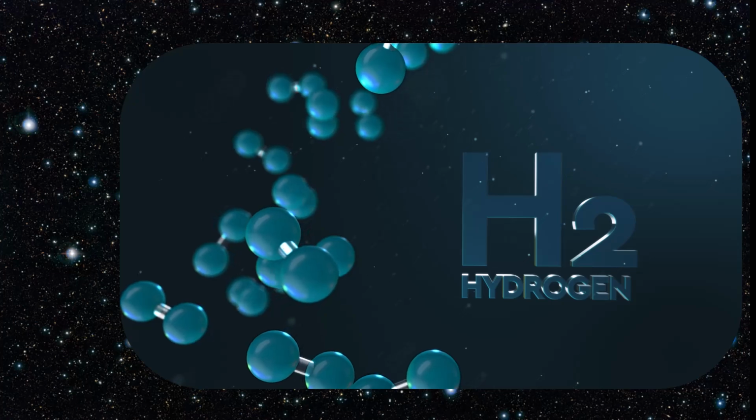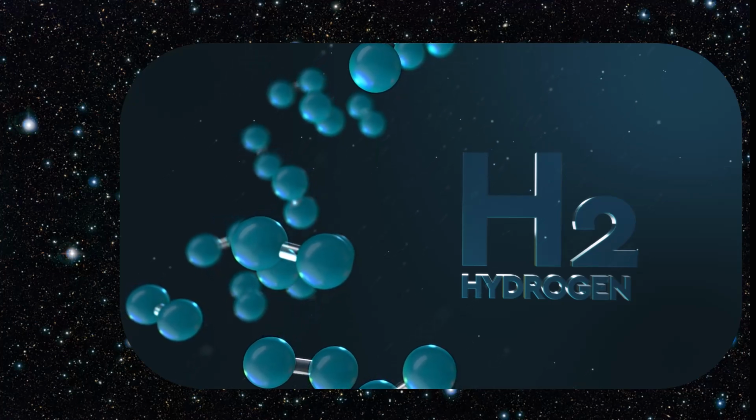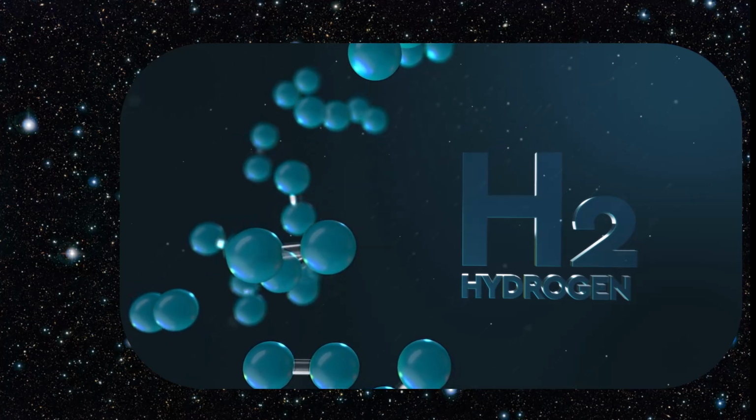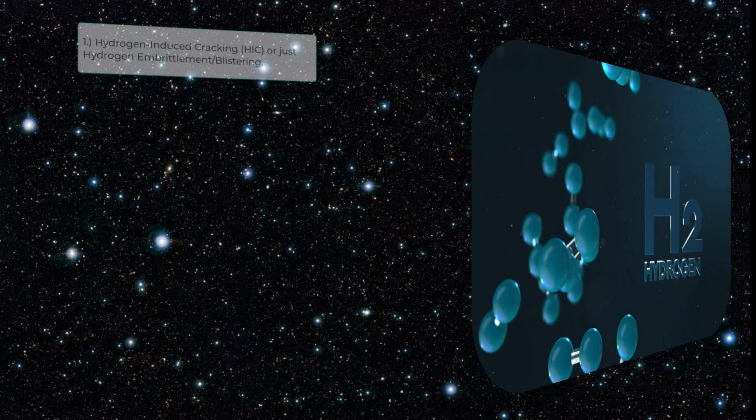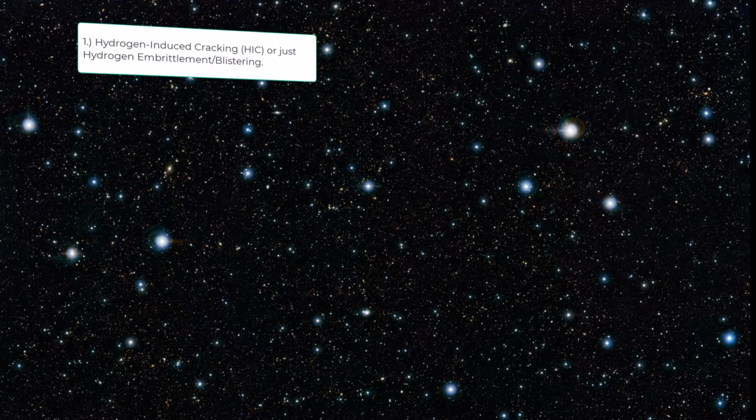First, let's take a look at the types of hydrogen damage we will be reviewing during this tech talk. First, there will be hydrogen-induced cracking, HIC, which is just the hydrogen embrittlement and blistering that we went over in the previous tech talk.